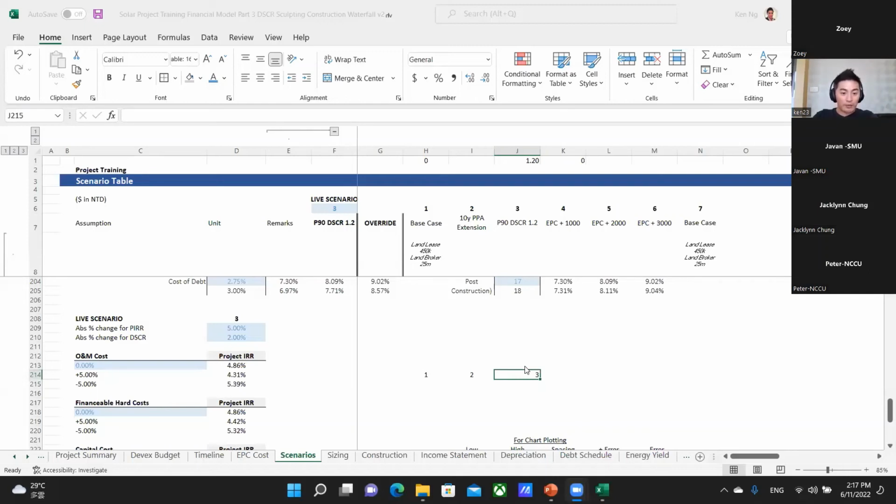So equity needs to spend 15.2 to get to land conversion, plus another 12.4 in order to get to the COD, right? So in theory, if we spend $15 million to get to land conversion, and we sell the project to a third party at an 8% discount rate, they would pay us $41 million for it. It means that for every dollar that we invested, we made a $2.70 return.